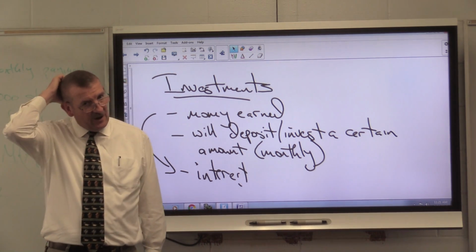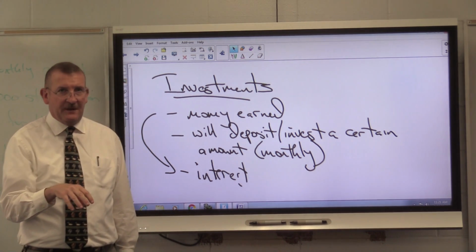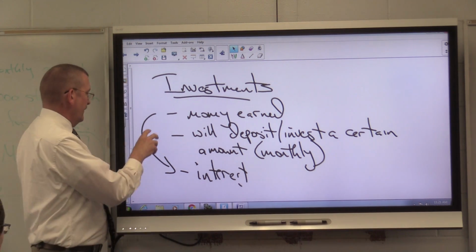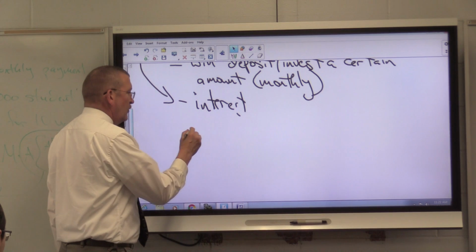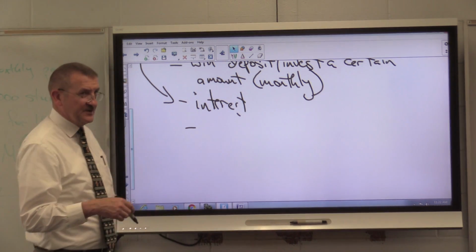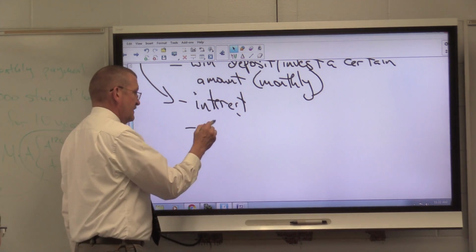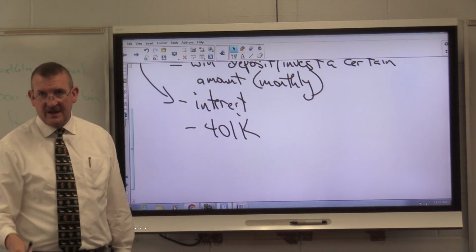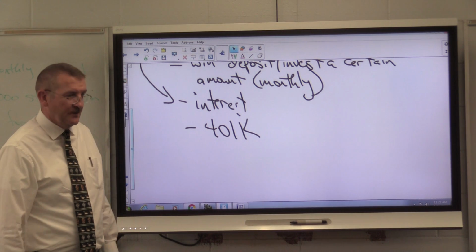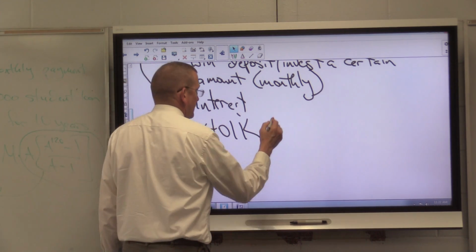Now, I don't want to get too deep into the world of investments, but there are multiple kinds. A 401k, what is that? A lot of your parents have them.